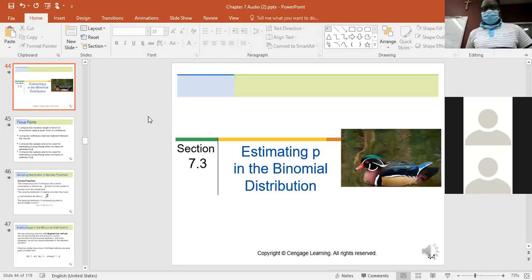Today we want to learn about the confidence interval for proportion.